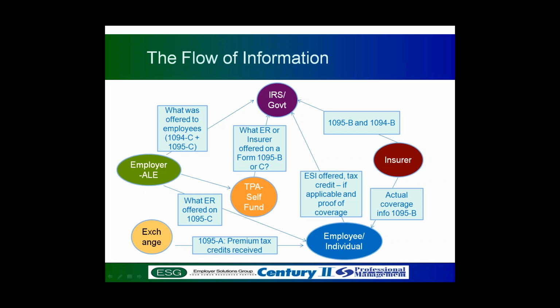But essentially what's happening is, in this flow chart you can see employers, the large employers, are collecting information about the types of plans, who was covered on the plan, was the plan affordable, was it minimum value, submitting that to the IRS and submitting a form to the employee as well. Insurance companies are doing the same.